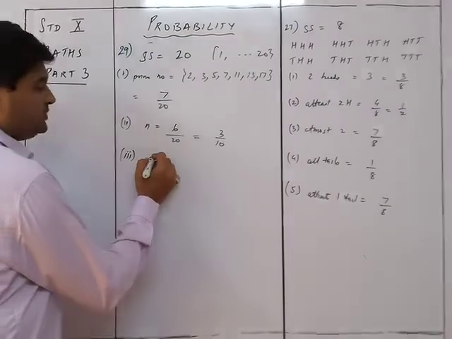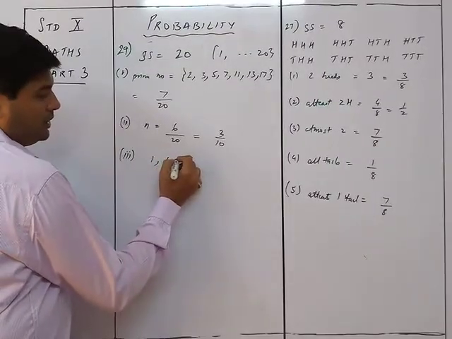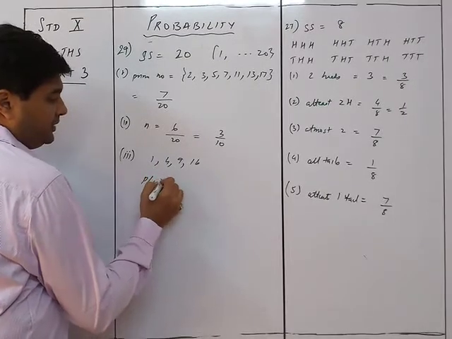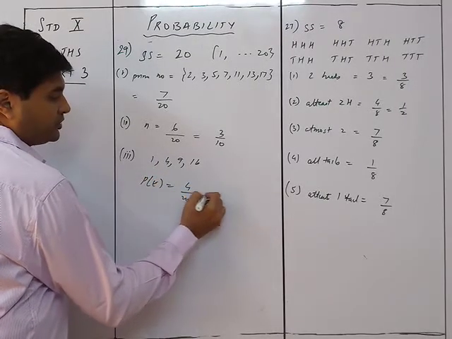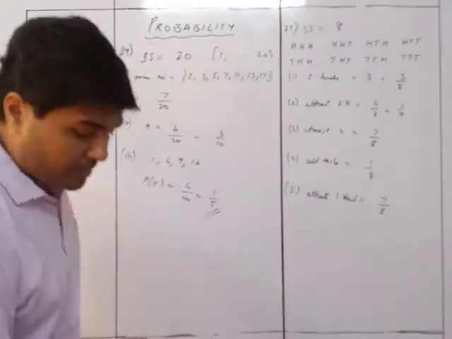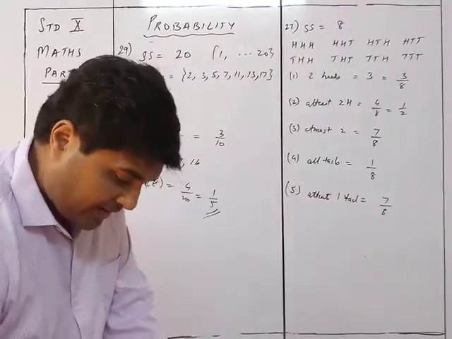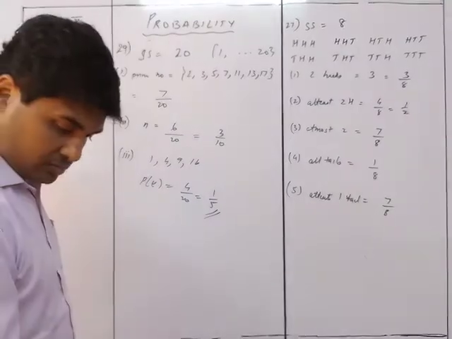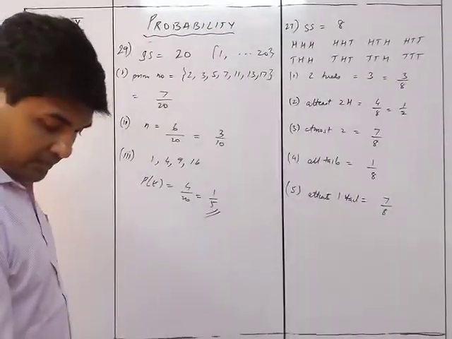Which are the perfect squares? 1, 4, 9 and 16. So that will be P(E) equal to 4 upon 20, which is equal to 1 upon 5. So that was the answer for sum number 29: 2 upon 5, 3 upon 10 and 1 upon 5.